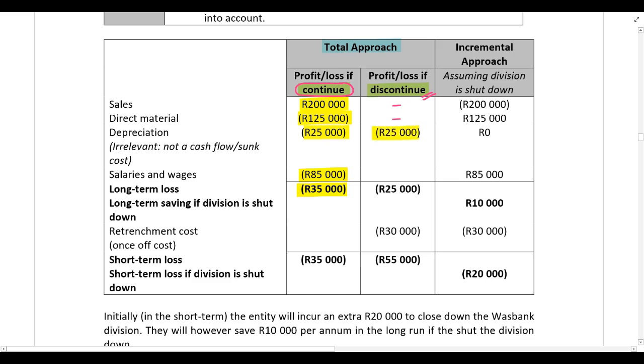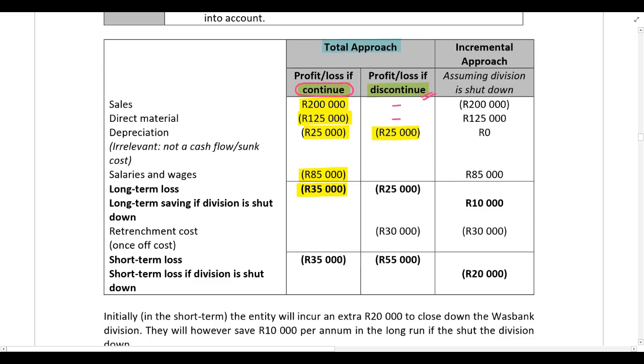Regardless of what they do, they're still going to incur the depreciation cost. And remember, that is because depreciation relates to an asset that was purchased in the past. We can't change that. We already purchased the asset. We can't now say we're not going to purchase the asset. We already have it. So the depreciation is writing off that asset over its useful life. So regardless of what we do, we're still going to have that depreciation cost.